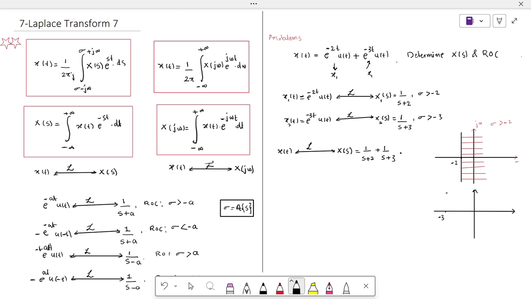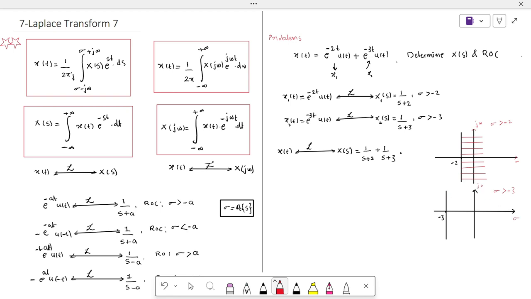So this is minus 3, and this is the region of convergence for sigma greater than minus 3.